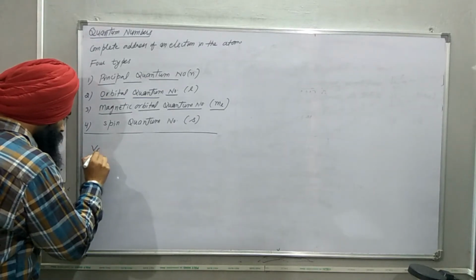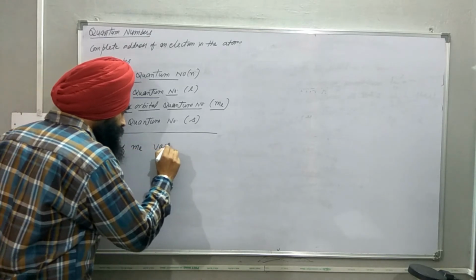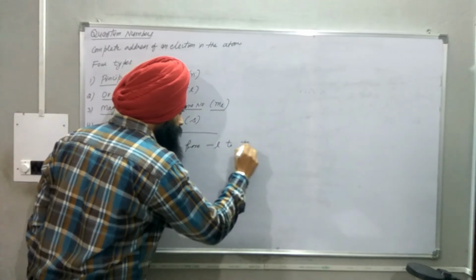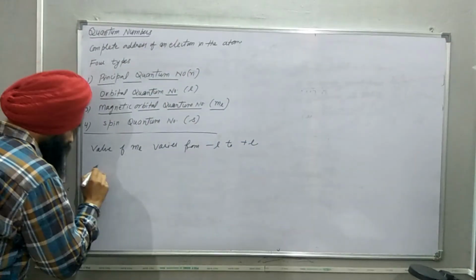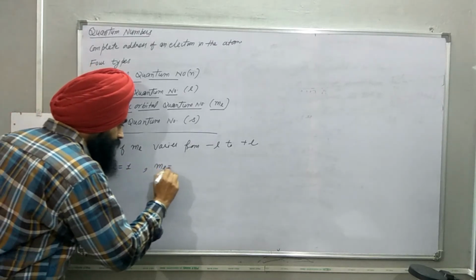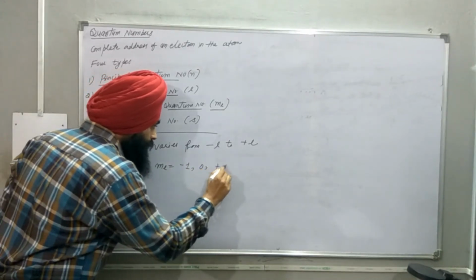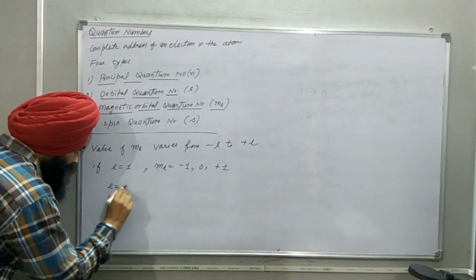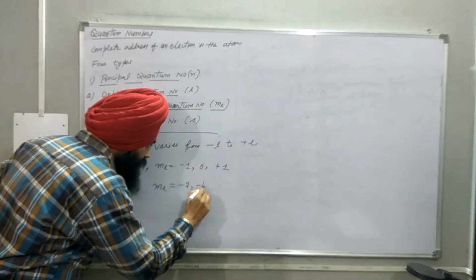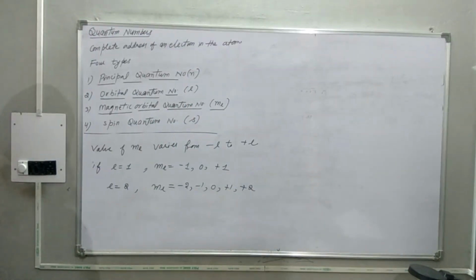So the value of ml varies from minus L to plus L. If L is equal to 1, ml is minus 1, 0, plus 1. If I take L is equal to 2, we have ml equal to minus 2, minus 1, 0, plus 1, plus 2.